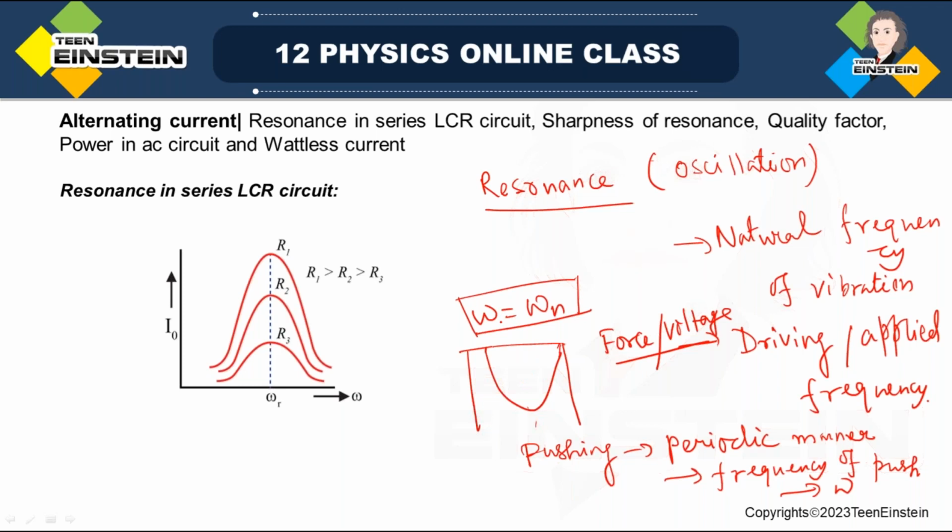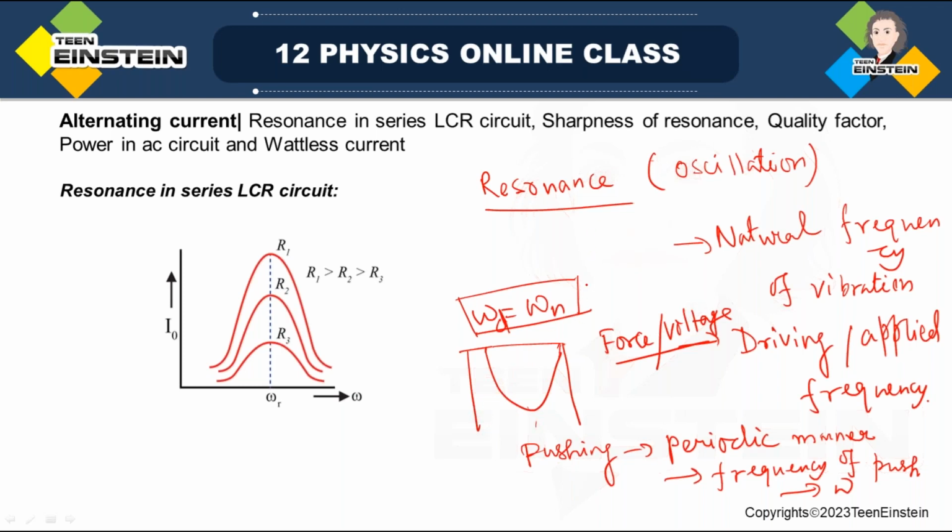At the condition when the driving frequency, or external pushing frequency, becomes equal to the natural frequency of oscillation, that time the amplitude of the vibration becomes maximum. So this condition is called resonance.